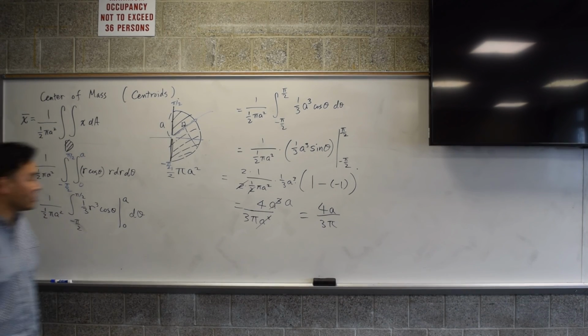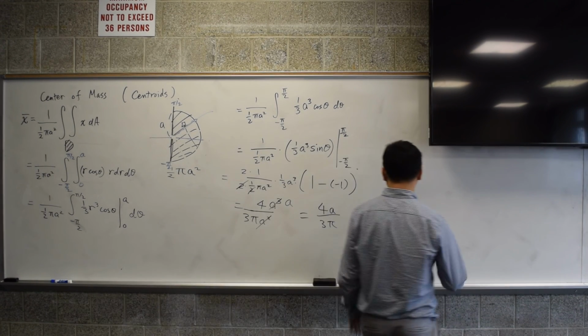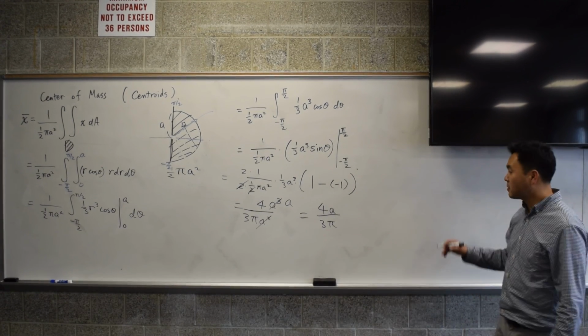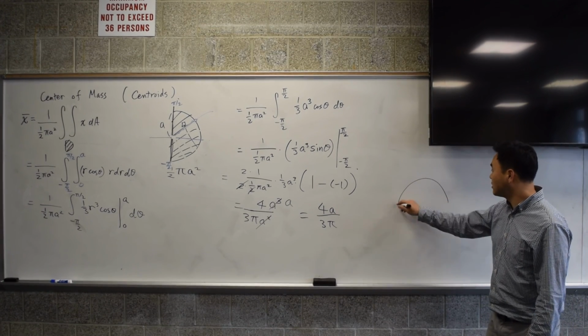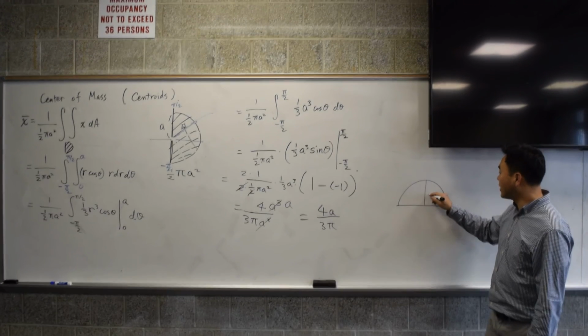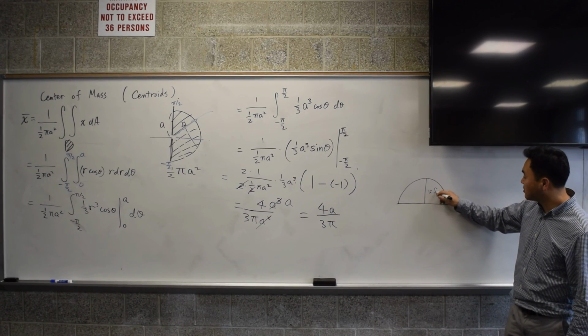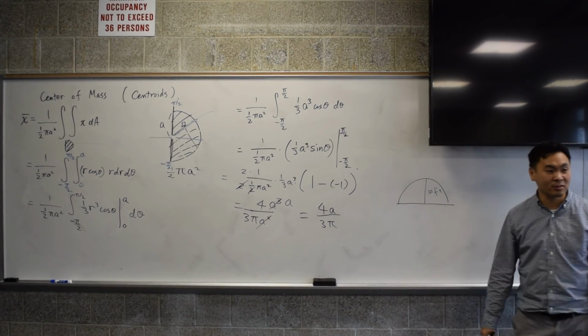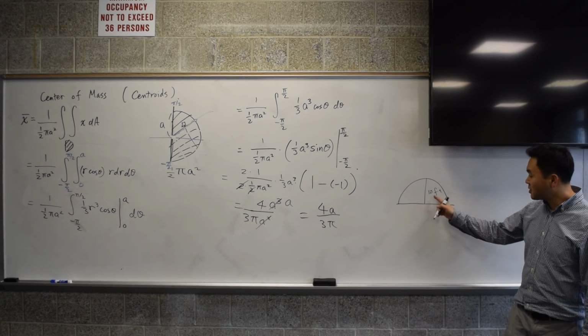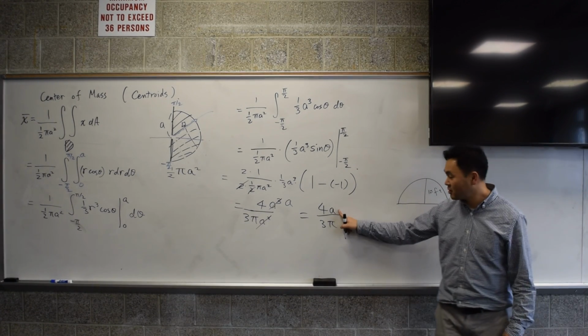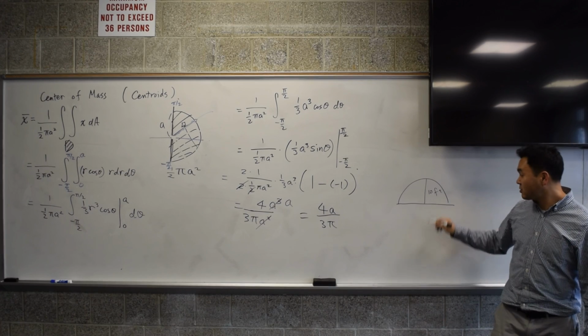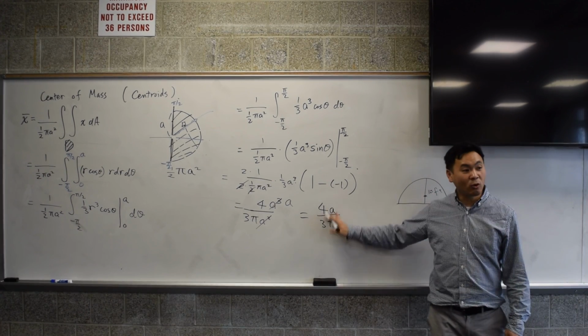So that's what you get. In other words, if you had a radius 10-foot half disk, then a should be equal to 10. Where is the center of mass? 40 over 3π.